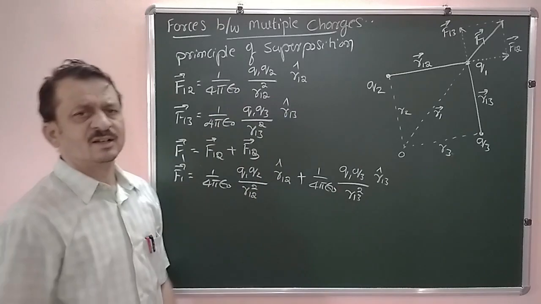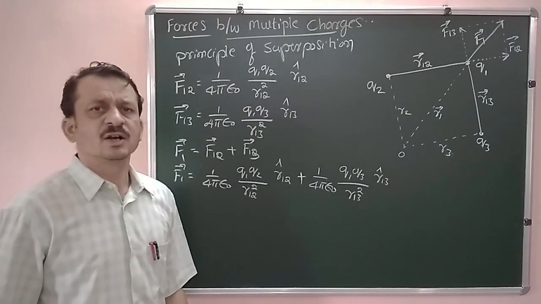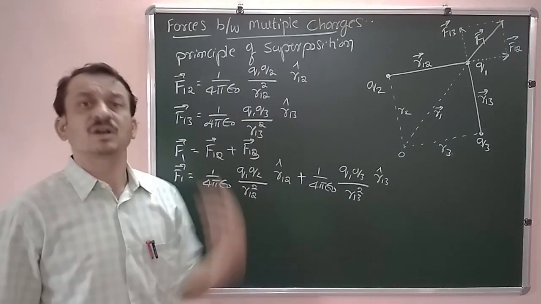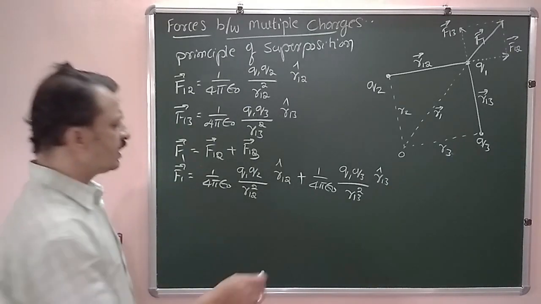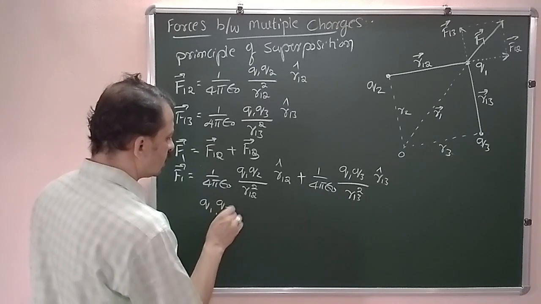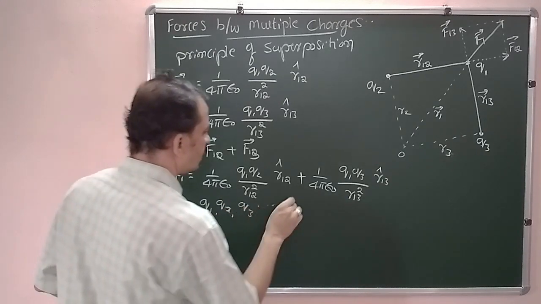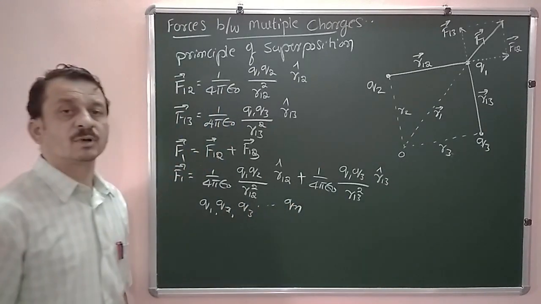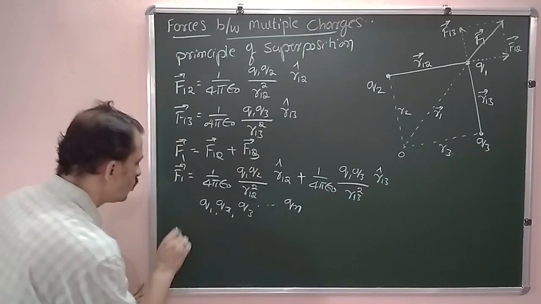Now if you consider, instead of 3 charges, a system of n number of charges, Q1, Q2, Q3, etc., Qn, then what is the force?